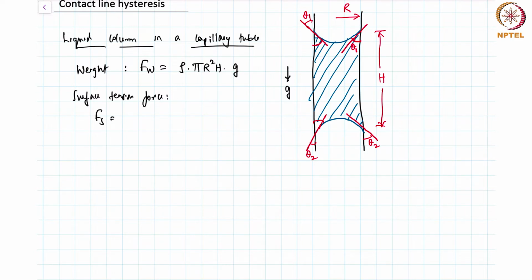The upper force would be surface tension gamma going all around the contact line, because the contact line is a circle. The upper one would be cosine of theta 1, and for the lower one it is gamma times 2 pi r times cosine of theta 2, but the lower one is negative, so I have a minus sign between the two.